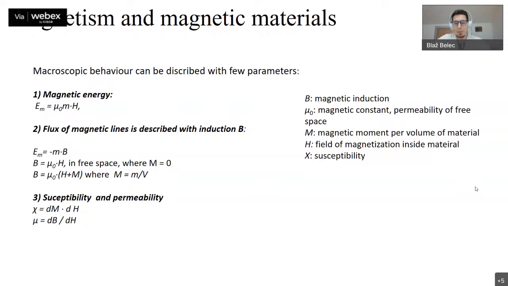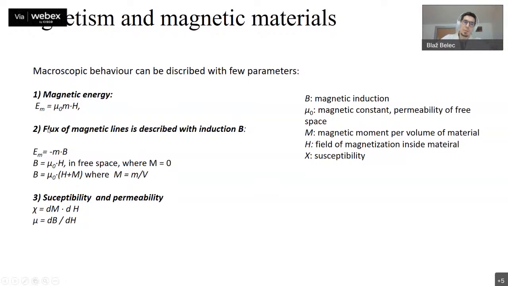And this response to external magnetic field is described with magnetic energy, which is defined by the magnetic field, moment of material, and the magnetic constant, so permeability of the free space.